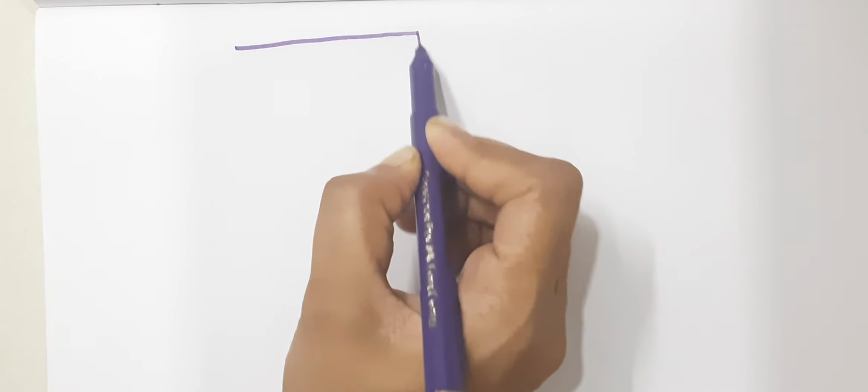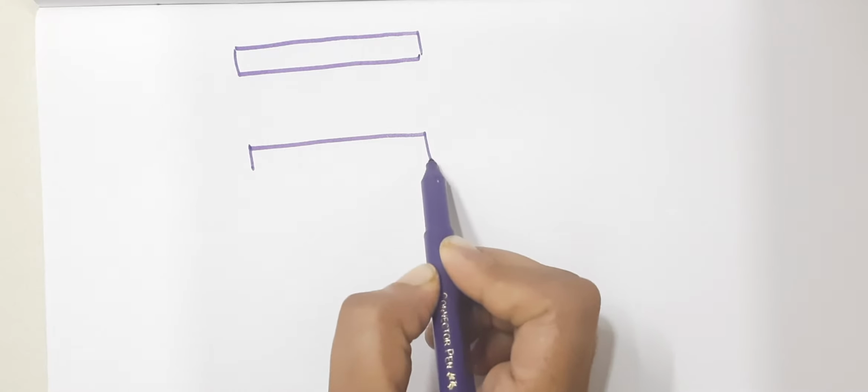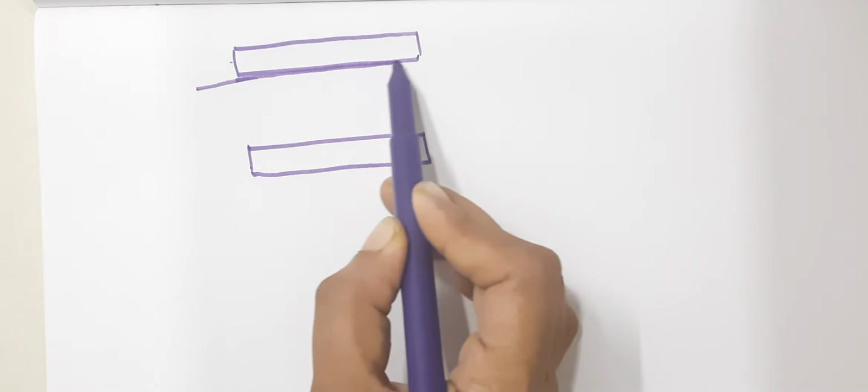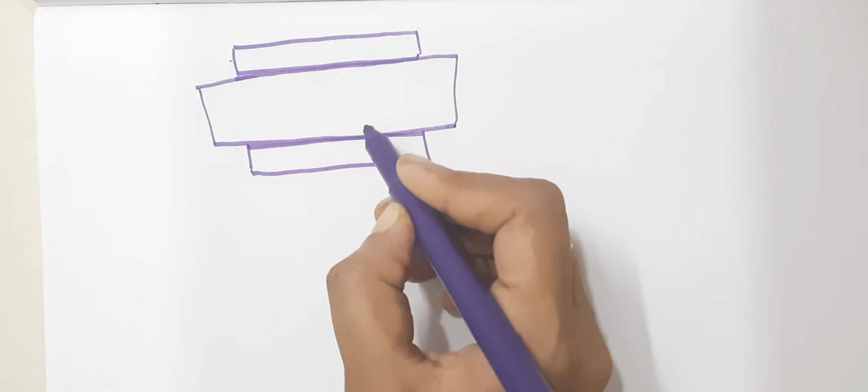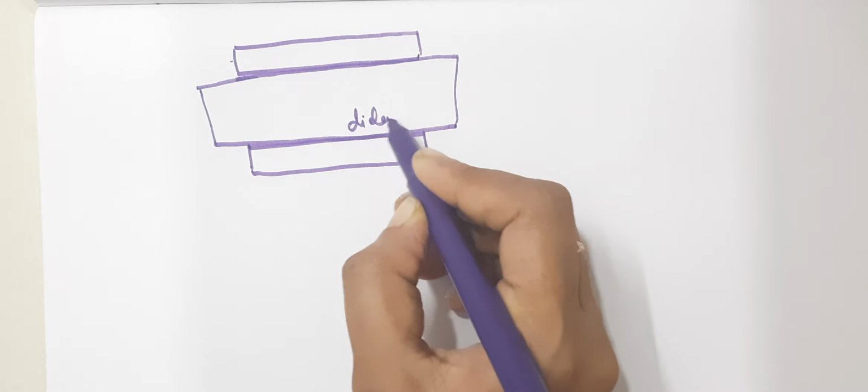This is the parallel plate. First there is a battery connection. This battery connection gets removed and we introduce a dielectric between these two parallel plates. So this is the dielectric, an insulator.